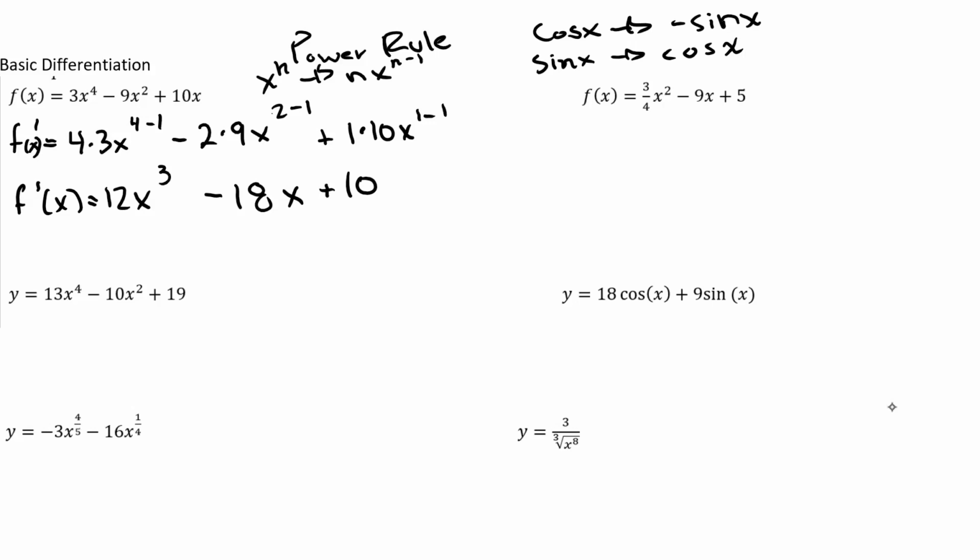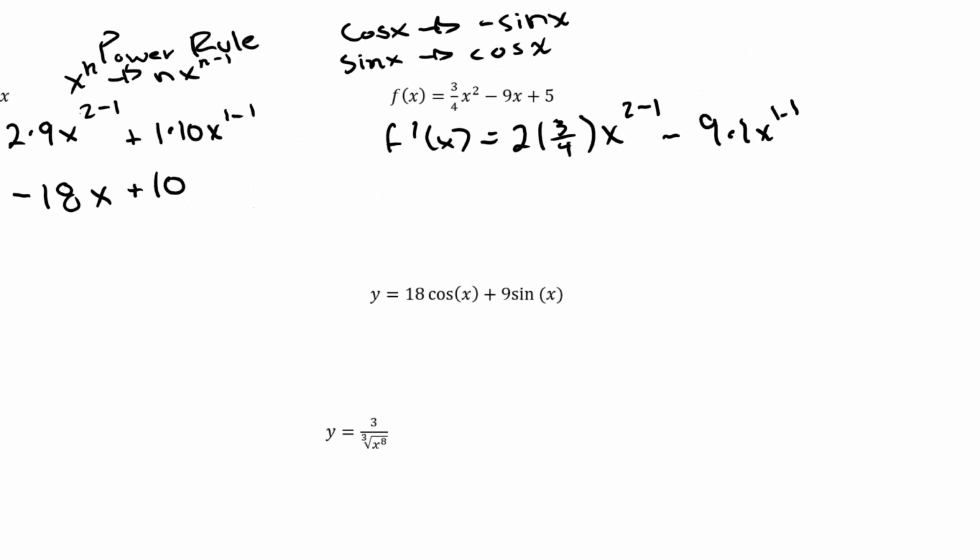Same thing over here. Let's pull down our exponents and then make the exponent ones smaller. So I've got 2 times 3/4, x to the 2 minus 1, minus 9, minus 9 times our exponent 1, x to the 1 minus 1, and then plus 0 because it's the derivative of a constant. 2 times 3/4 is 3/2.